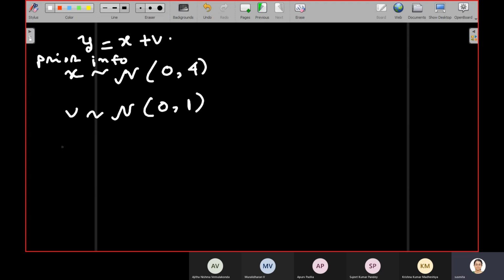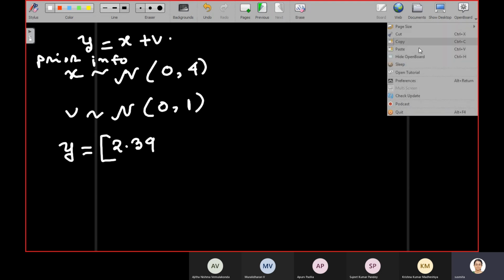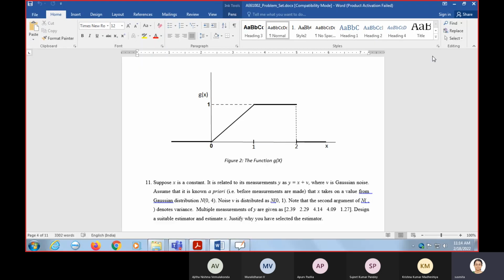And then we have been given different values of y: 0.39, 2.39, 2.29, 4.14, 2.09.